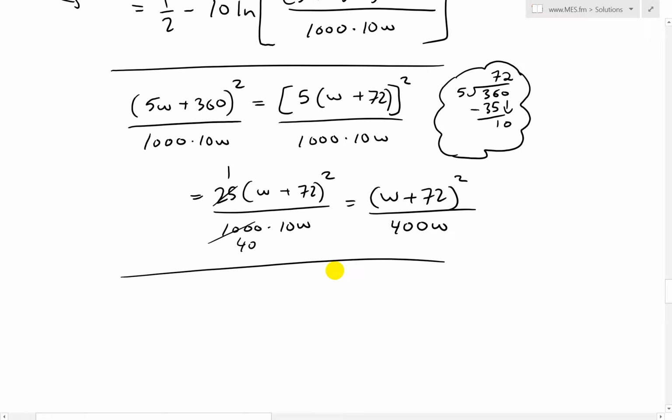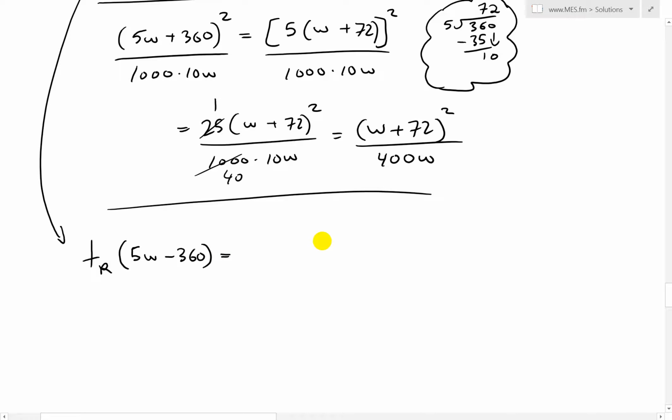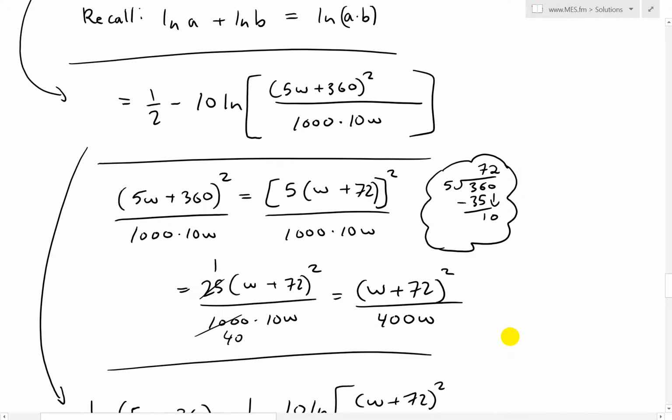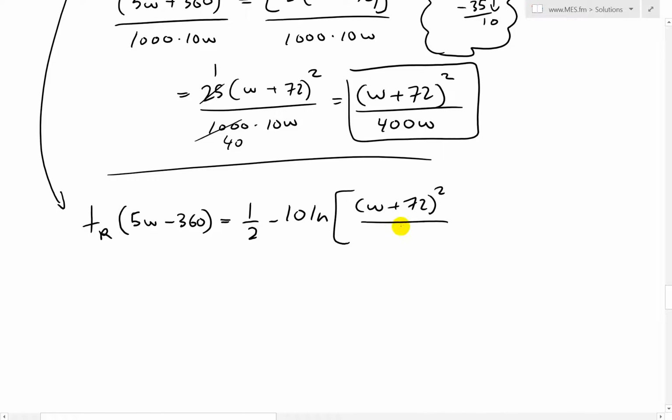And then what we end up getting is, drag this down, T of the relayed time, or the relayed throw, of 5W, this is the minimized distance, 360, equals 2, and then we have 1/2 minus 10 ln, and then in a square bracket, W plus 72 squared, and then this whole thing just becomes this right here, divided by 400W.